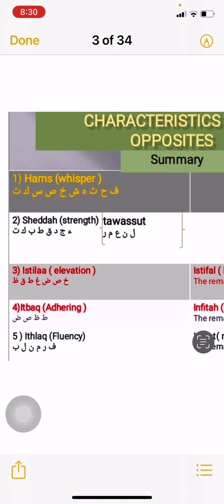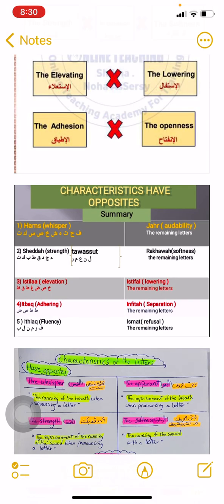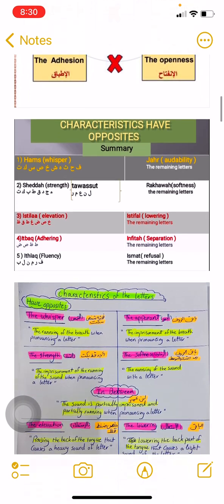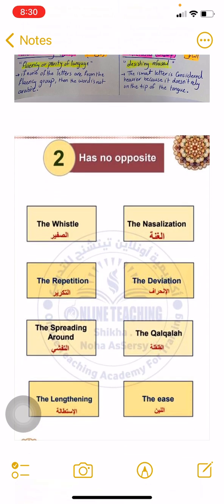The last is إذلاق and إصمات. We have taken all of these in the previous lessons, and now we are going to move to the characteristics which have no opposite.